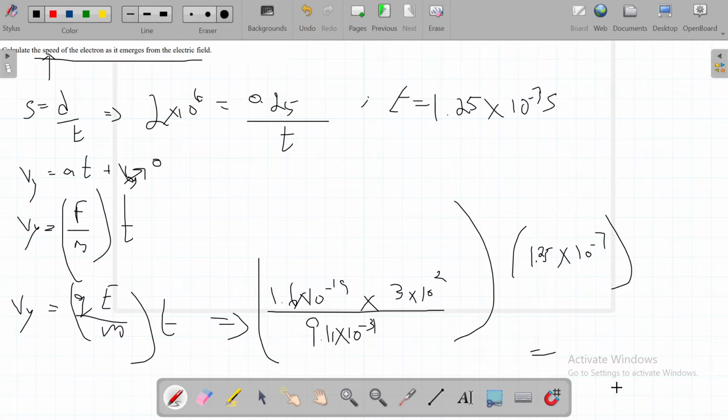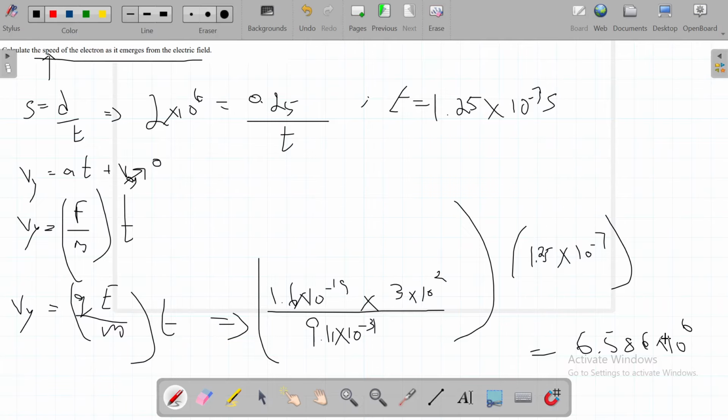You get, how much is that? My calculator is running out. So it's 6.586 times 10 to the power of 6.